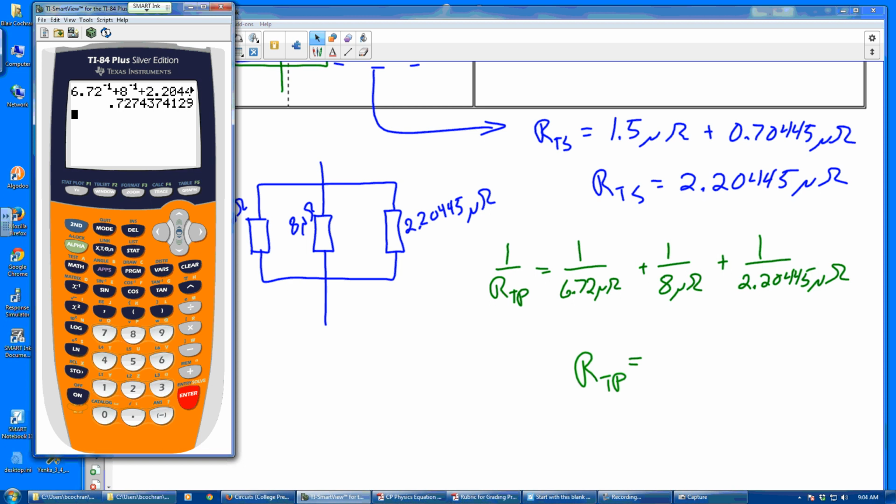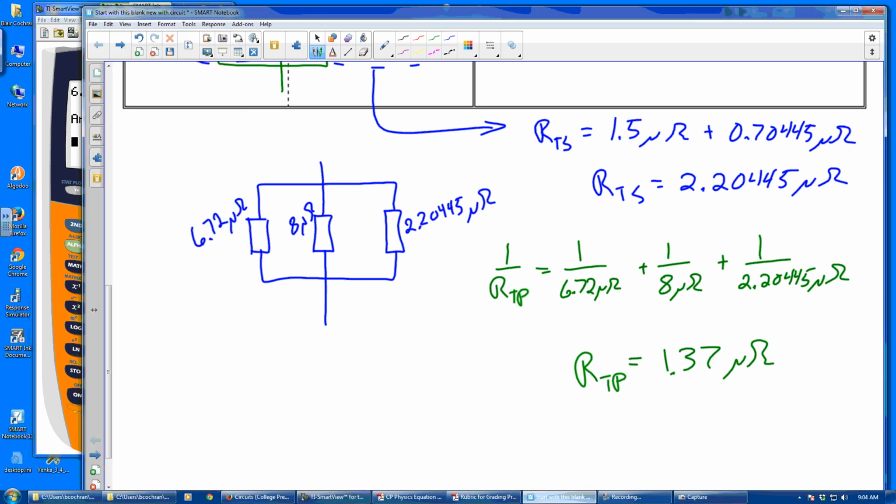We're not doing any trig functions, so it doesn't matter. And that would be my 1 over RTP. If I need to make that stand on its head, get RTP, and I get 1.37 micro ohms.